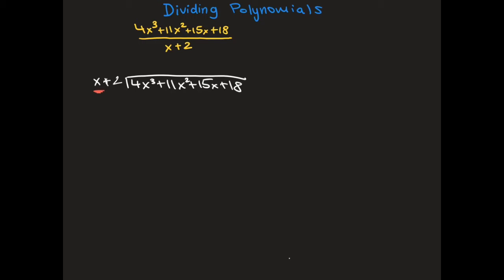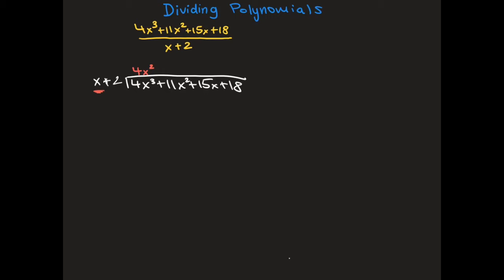What do you have to multiply by? 4x squared times x is 4x cubed. Because remember, if you multiply two numbers with an exponent, those exponents add together. They don't multiply together, they add together. So that means one of our numbers is 4x squared.